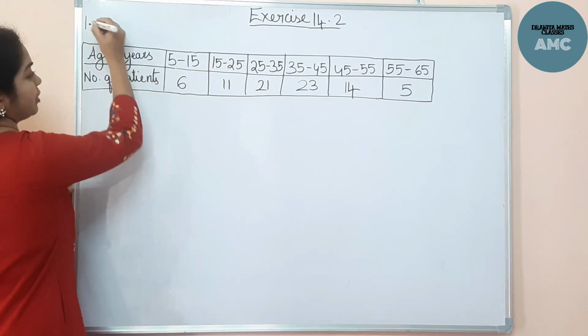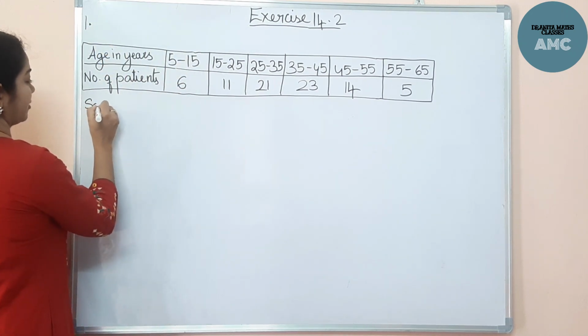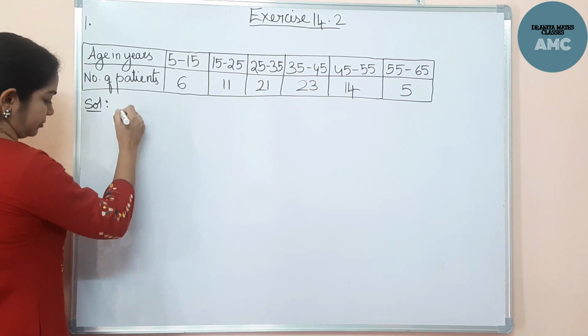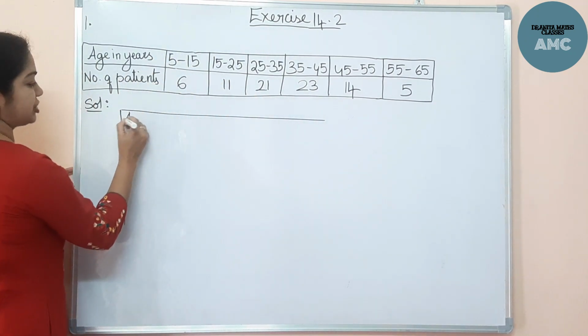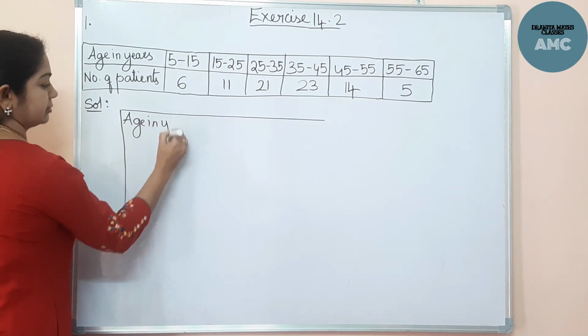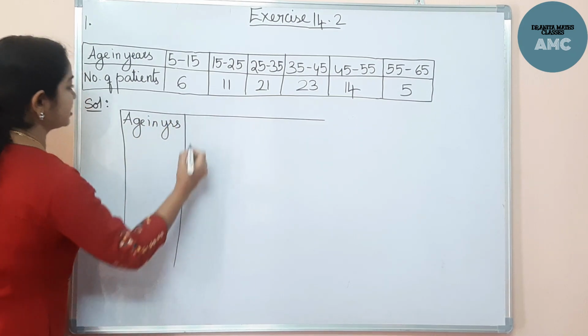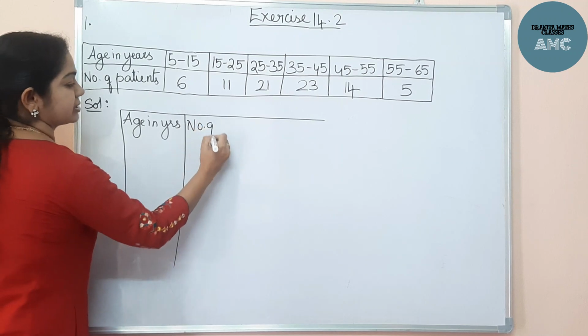Now, this is the first problem in the exercise. In the solution, we will write down the tabular column. Here, age in years, number of patients.